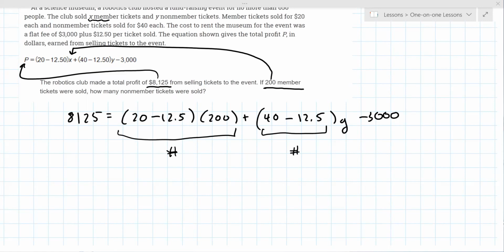Plus 3000. Okay, so I got y is equal to 350.